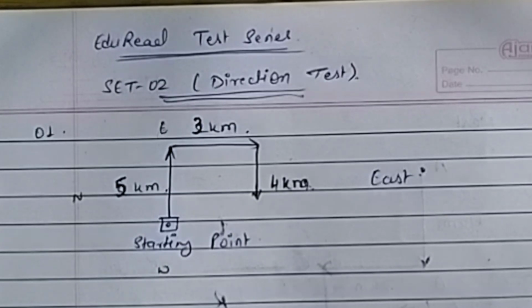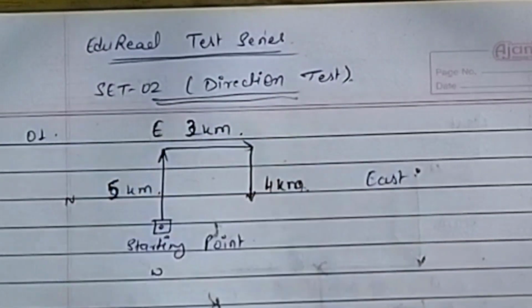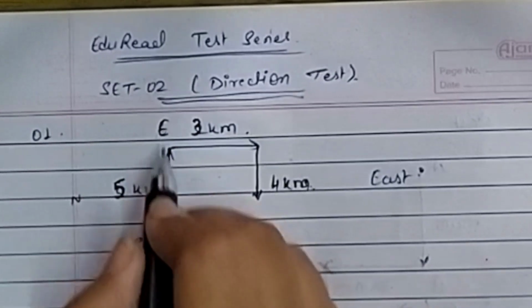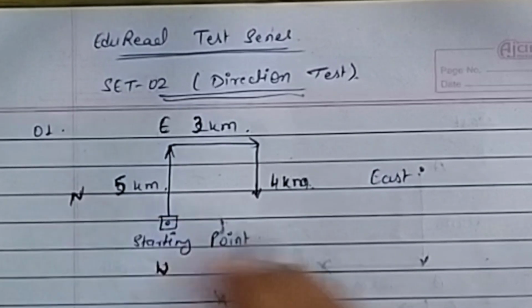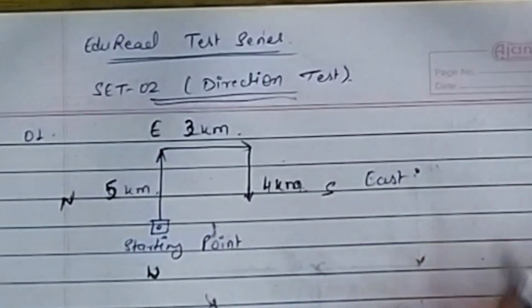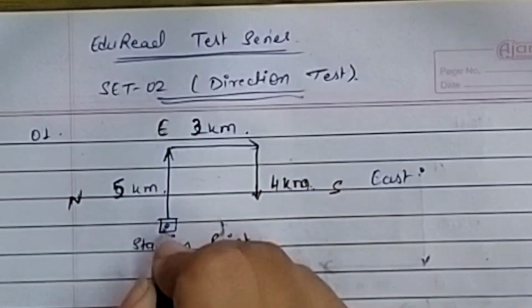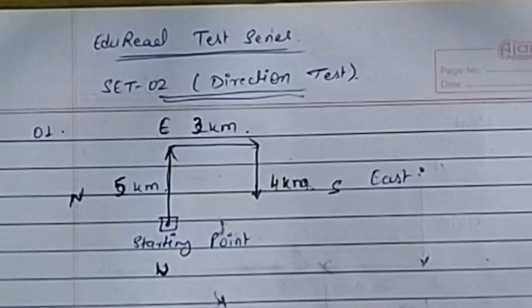So, the very first question is saying basically that Shyam was facing east and walked 5 km forward in that direction. So, here I have considered this forward direction to be the east and taking this as reference, this will be the west, this will be the north, and this will be the south. Now he has moved 5 kilometers in the east direction.